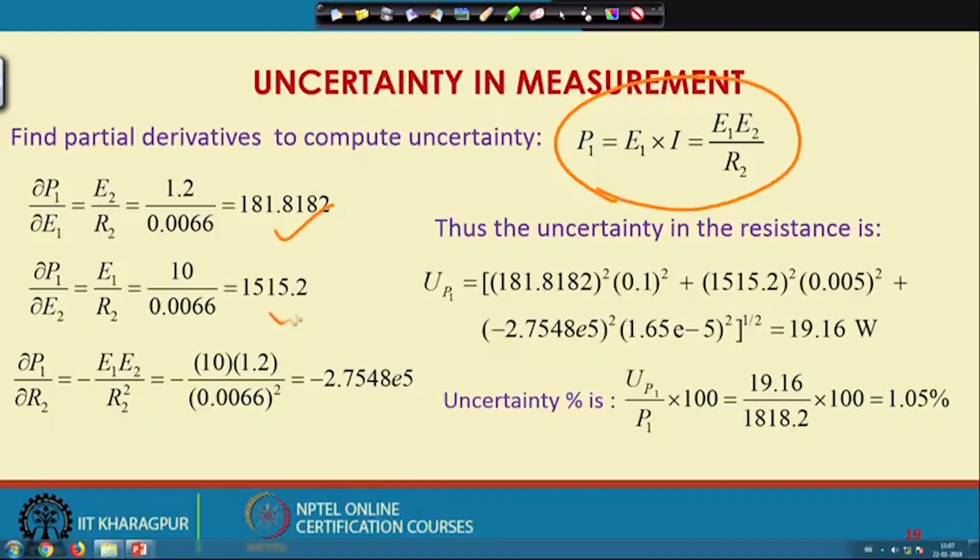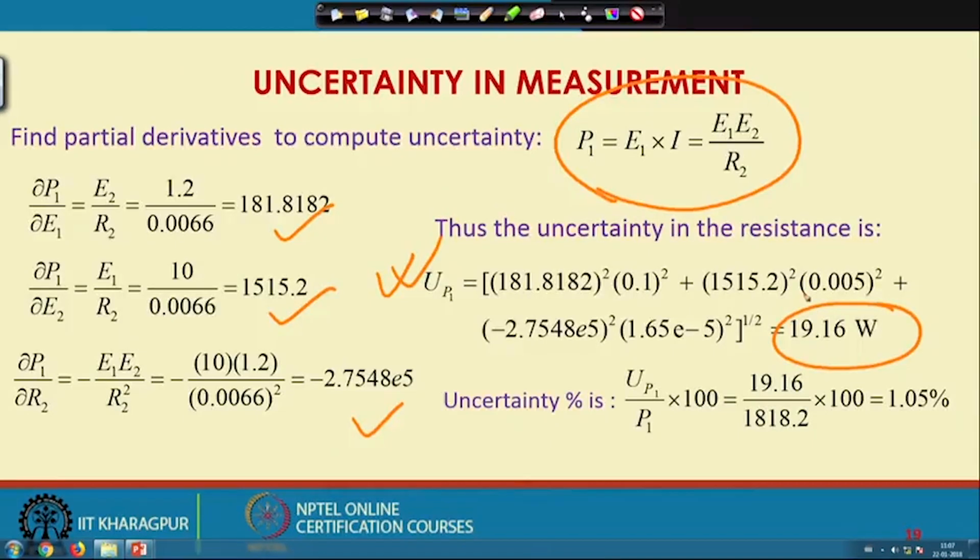So, the values are obtained as this, and now I combine the terms like del P1 del E1 into uncertainty in E1 plus del P1 into del E2 into uncertainty in E2, such terms using the most probable root sum square error, and I get the value as 19.16 watt.